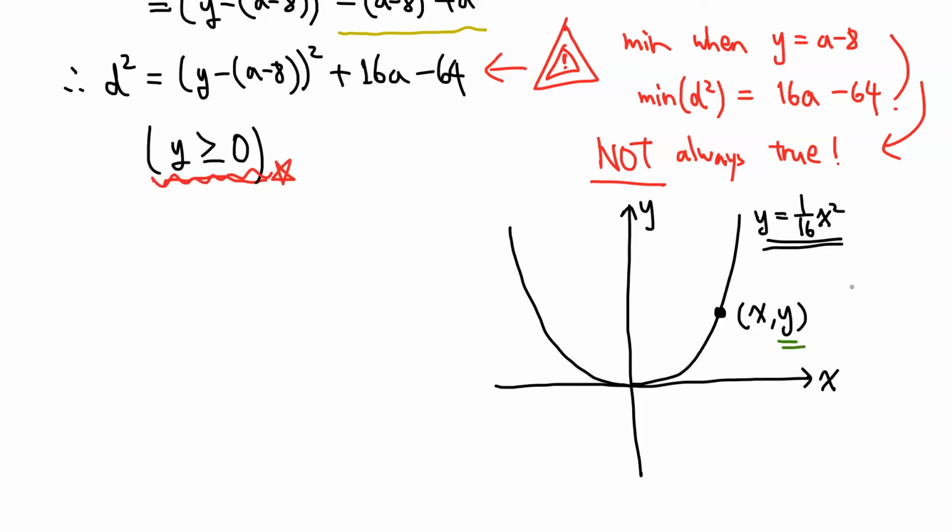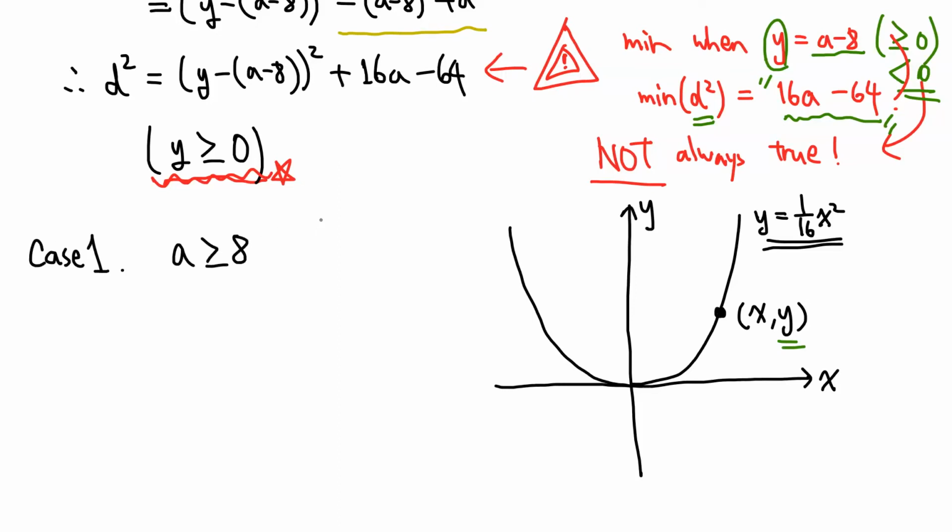Therefore, y can have a value of a minus 8 only if a minus 8 is non-negative. Otherwise, when a minus 8 is negative, d squared cannot have this value, because this value is obtained when y is negative. So let us treat these two cases separately.